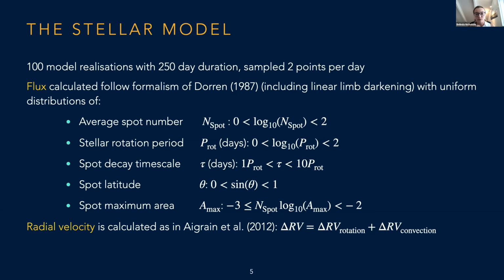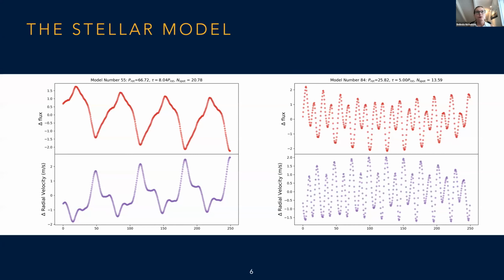So inhibition of convective blueshift also comes into calculating what shift in RV is caused by the spot on that surface. I'll just show you a couple of examples of the types of curves we have. This is model 55 and model 84. I didn't give them names because there's too many. This shows you the types of variations we have within our data set.